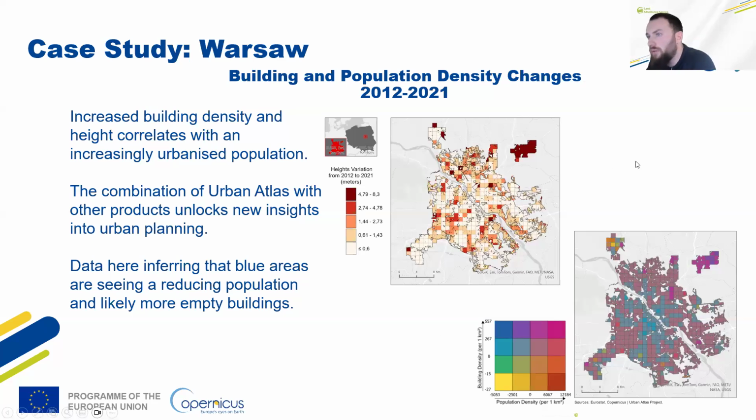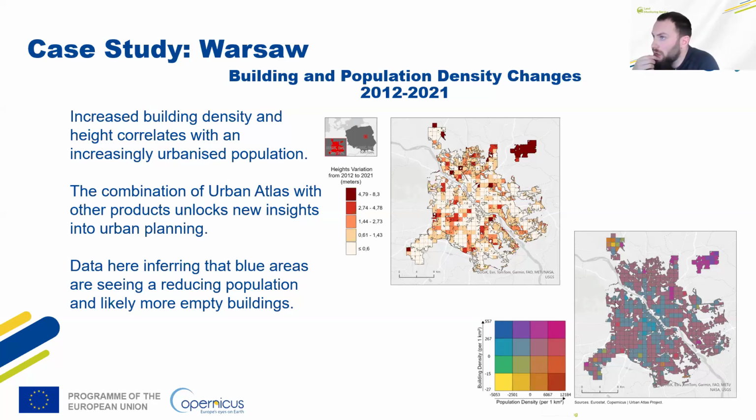A way of combining our building block height product could be to merge it with building density increase, also data that we can get from our building block height, measuring the changes from 2012 to 2021, and the population density that we get from Eurostat.